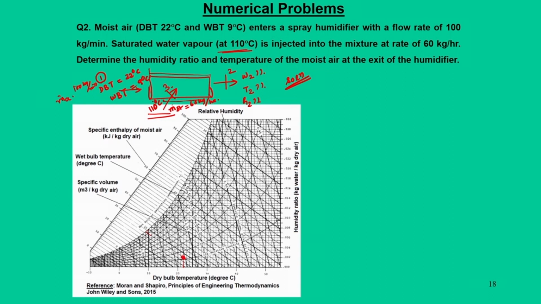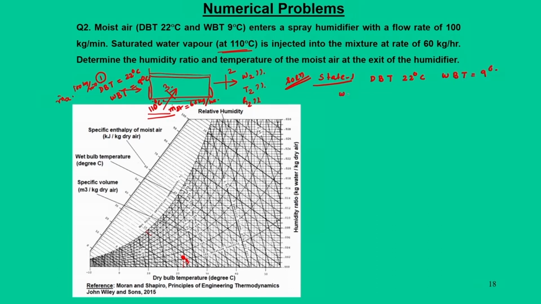Wherever it cuts, point 1 is located, and point 2 we do not know. So, for state 1, DBT 22 degree, WBT 9 degree.